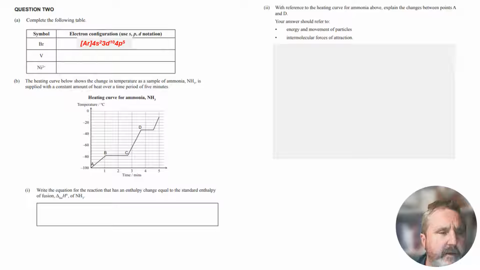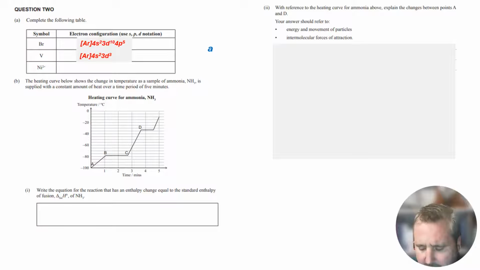Vanadium, it's atom number, let me think, is it atom number 22? So we have 23. So we have the 18 electrons from argon, we have 2 electrons in our 4s orbital, and then the 3 remaining electrons in the 3d orbital. For nickel, it's an Ni 2+. So the rule here is you need to remember that transition metal cations lose the electrons in the 4s orbital first.